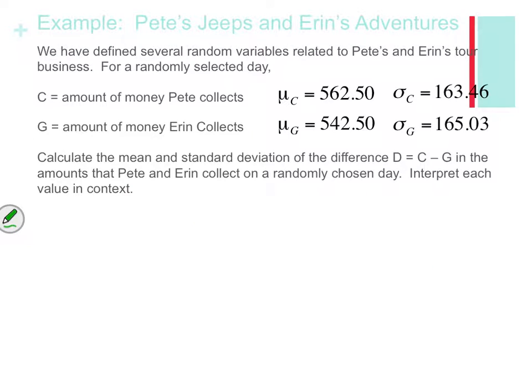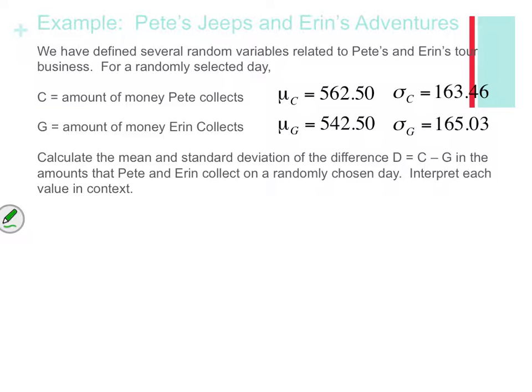Okay. All right, so we have defined several random variables related to Pete and Erin's tour businesses for a randomly selected day. So let's just say now that C is going to be, going back a while to when we were talking about the amount of money collected by Pete, and then G was the amount of money that was collected by Erin.